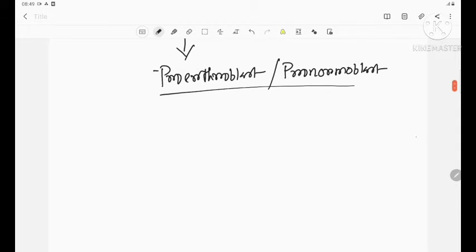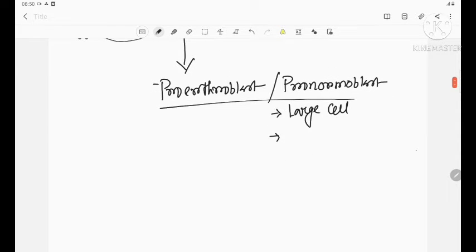And they have some morphological features. So we can identify in the bone marrow which is proerythroblast, which is early normoblast, which is intermediate normoblast, which is late normoblast. These different morphological features you can easily understand by staining. They are large cells.